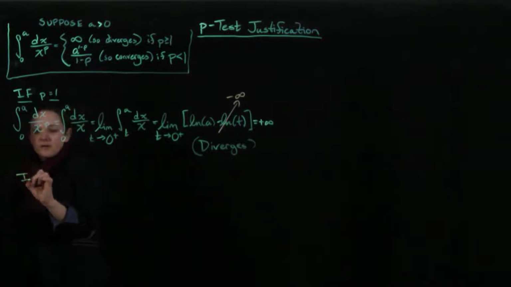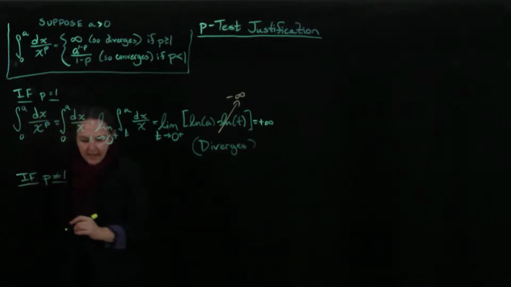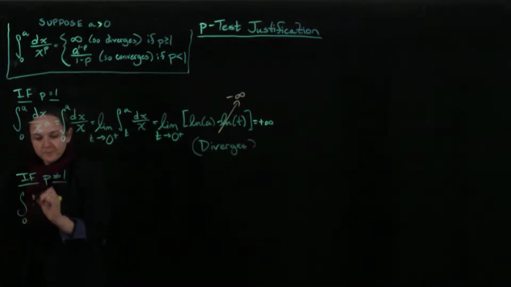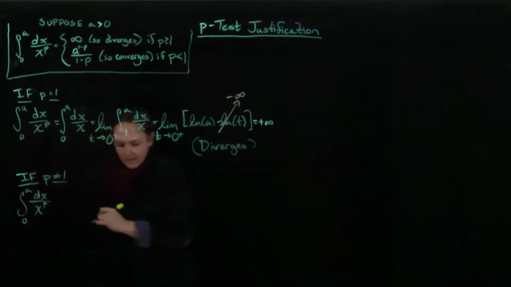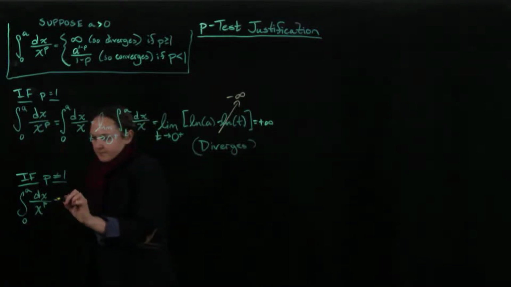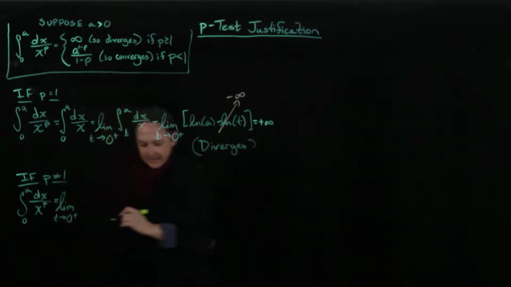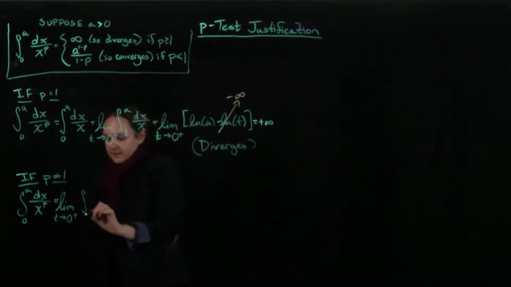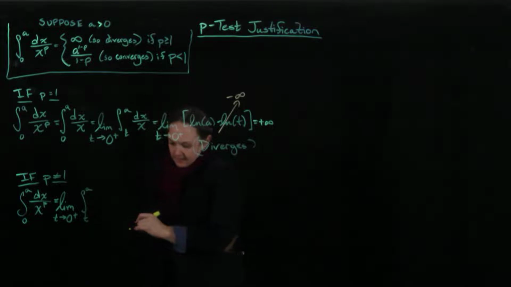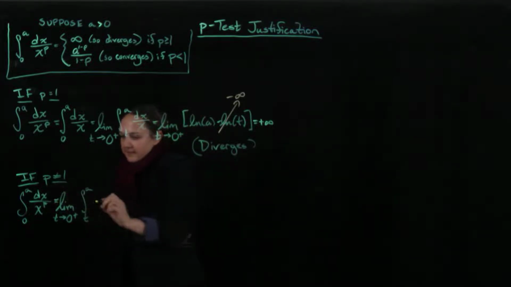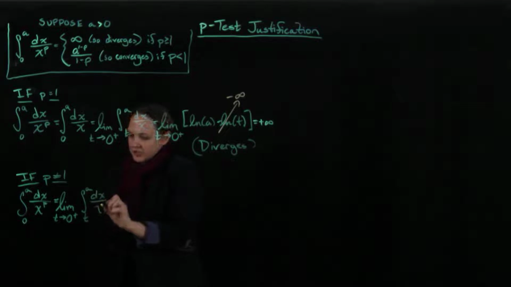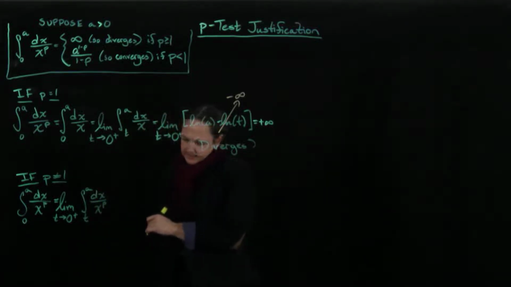If p does not equal 1, then the integral from 0 to a of 1 over x to the p dx is going to equal the limit as t approaches 0 from the right-hand side of the integral from t to a of 1 over x to the p dx. I just changed it to be a limit, so that's nothing that exciting.